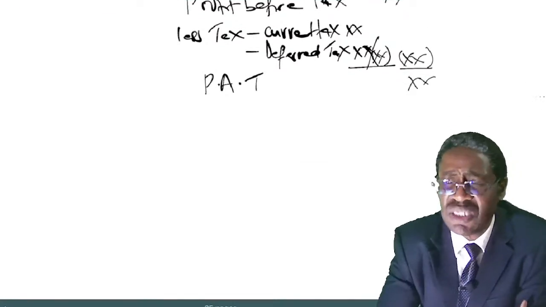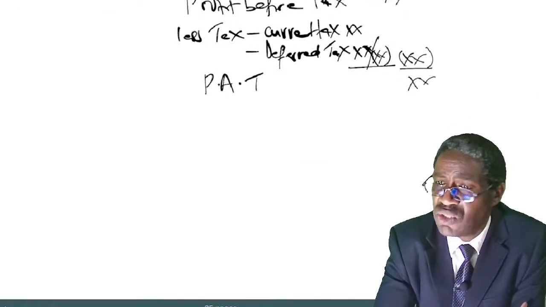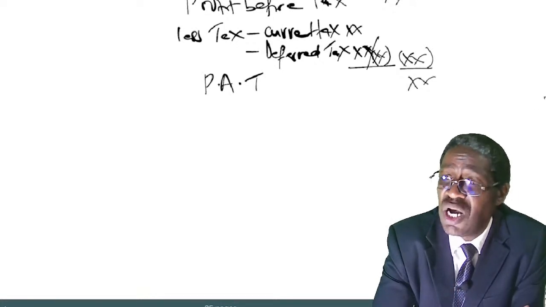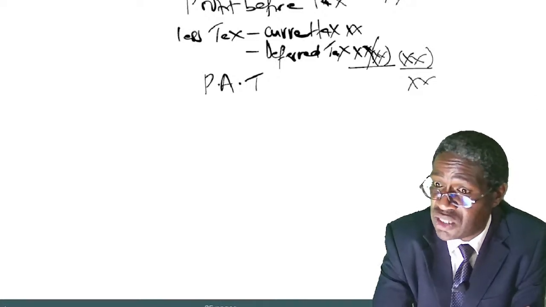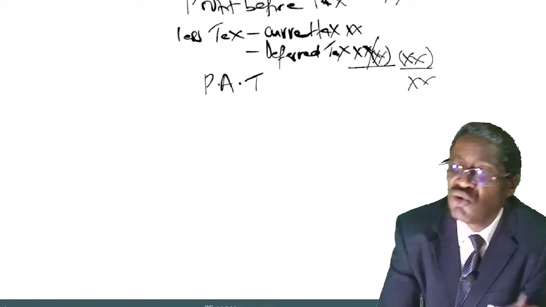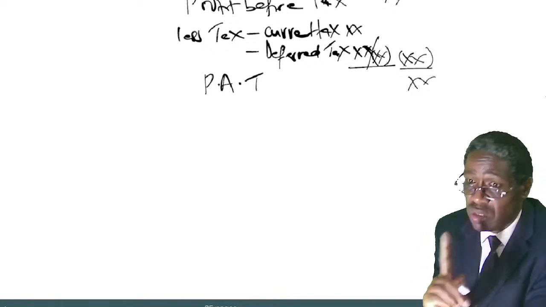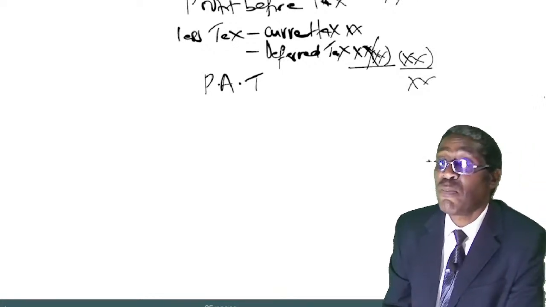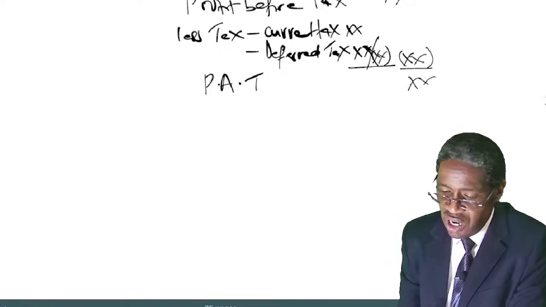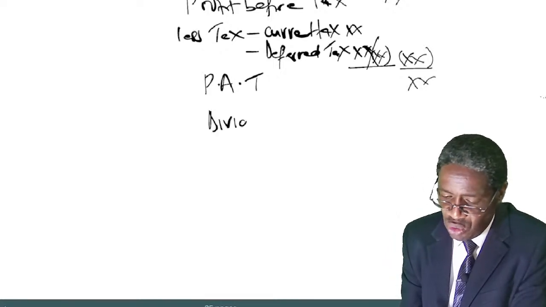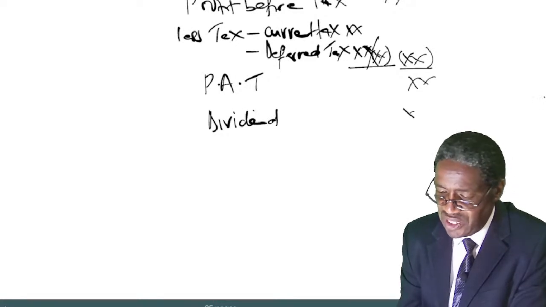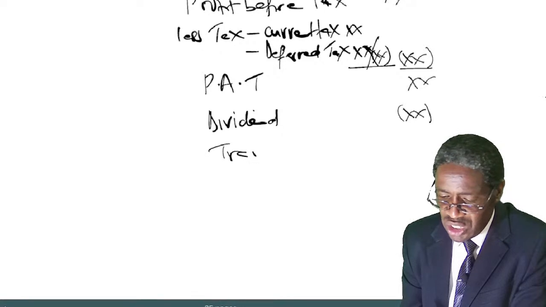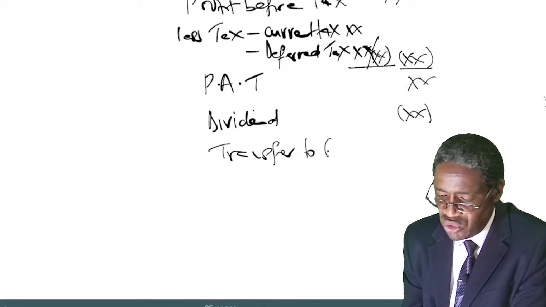When you were doing this in financial accounting, after you got the profit after tax, you used to do the appropriation of this profit. In a company's account, you had to appropriate this profit. How? You had to minus dividends, whatever it is, and show transfers, maybe to general reserves.